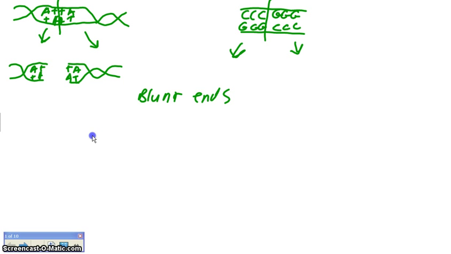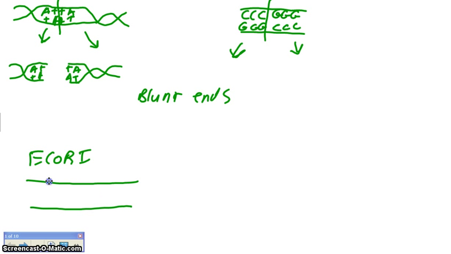So the next restriction enzyme, and this is probably the most famous restriction enzyme, is EcoRI. EcoRI will, again, clamp onto DNA, run down the strand of DNA, and look for this sequence, GAATTC, and CTTAAG.